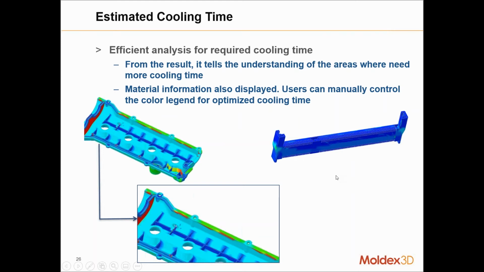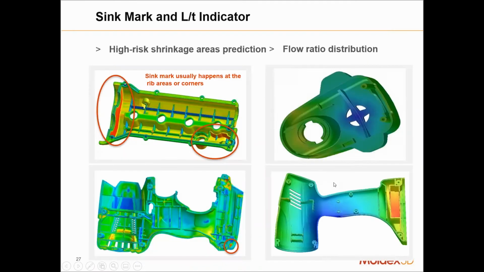So CAD designers are able to go back and adjust the thickness to make sure the cycle time is good enough. Another one will be the Sync Mark or L over T indicators. Those are quick estimations for CAD designers to understand whether the L over T is too long or too short.